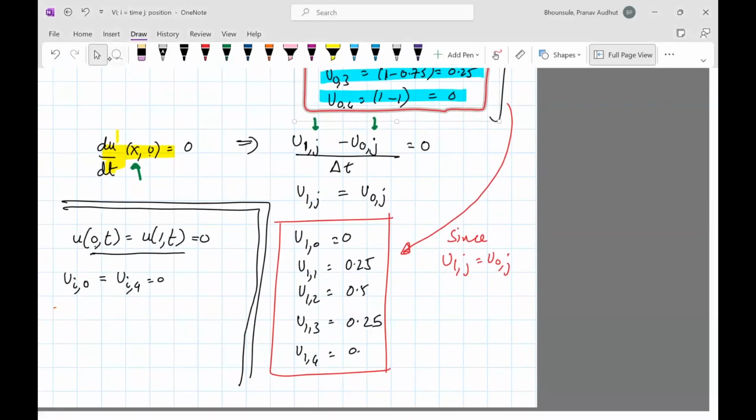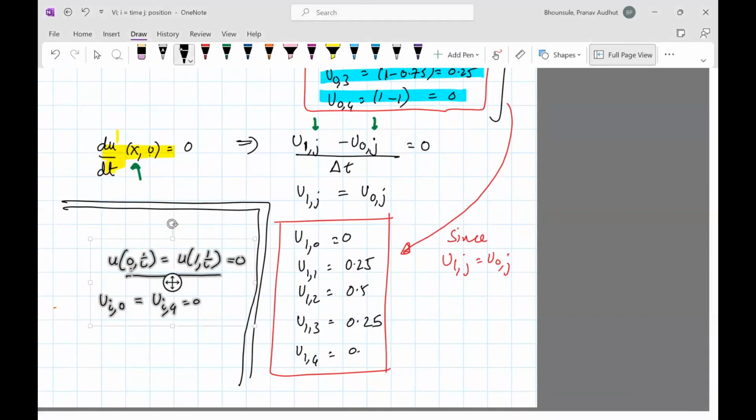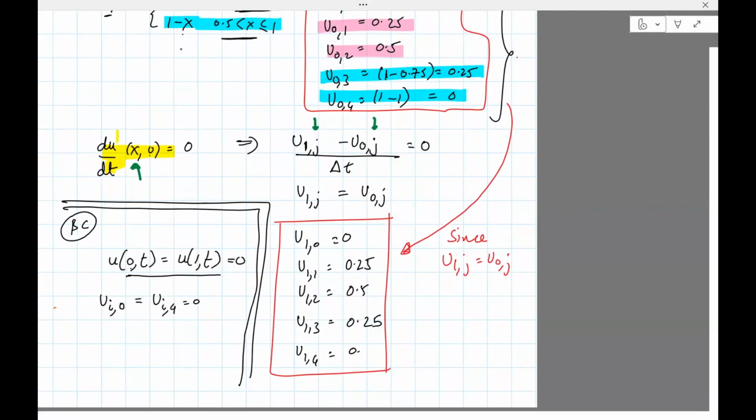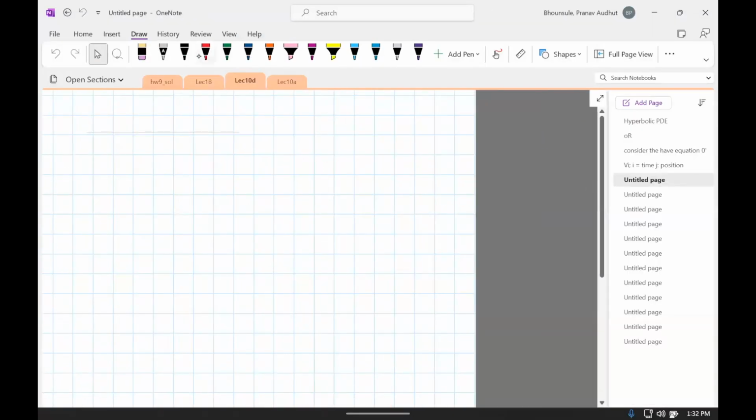Let me write it down. Okay, so the current condition is C delta t divided by delta x.